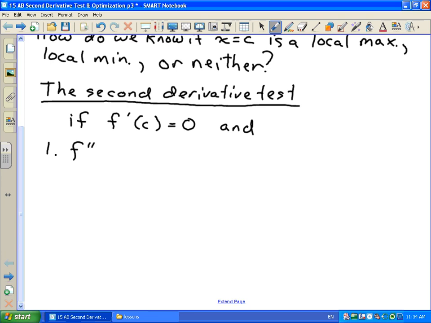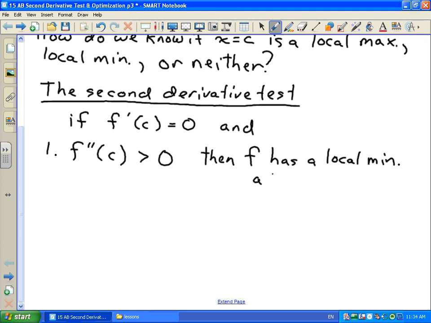So if our second derivative evaluated at that critical number is greater than 0, okay, it's positive, then our function f has a local minimum at c.